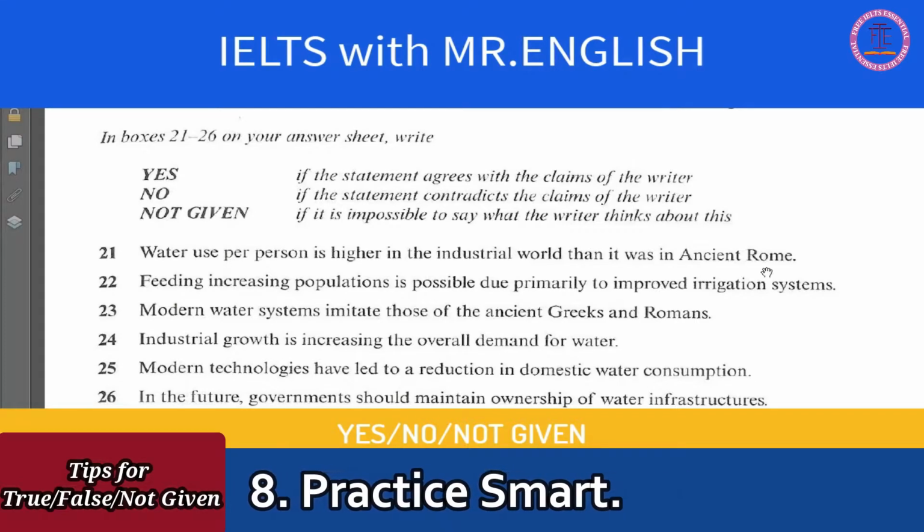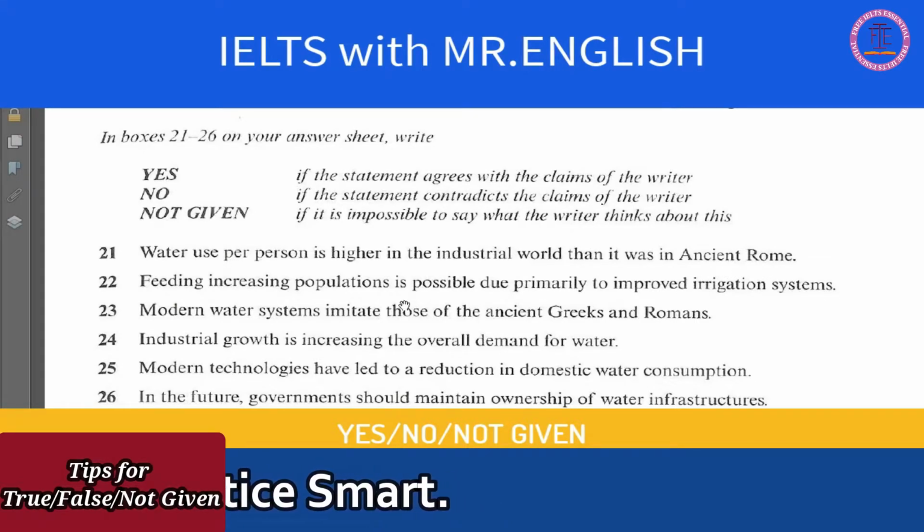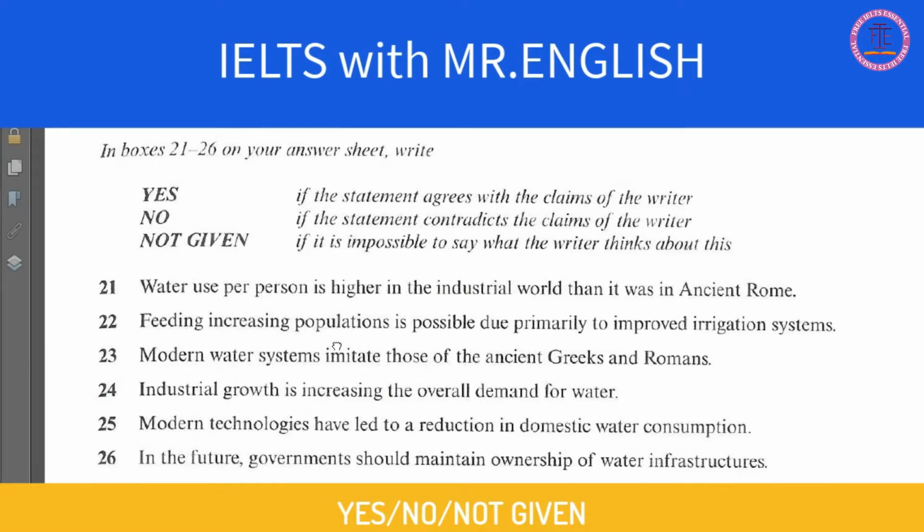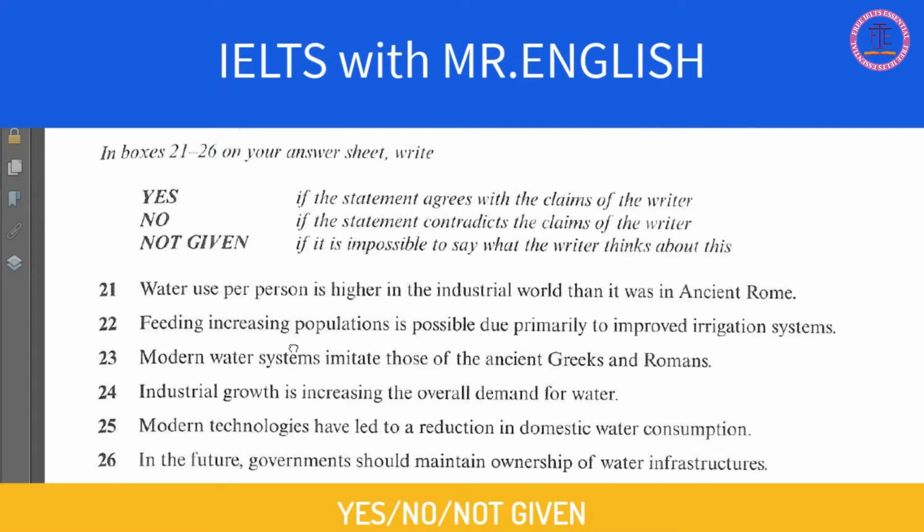So ancient Rome would be the keyword. For the next one, feeding increasing populations is possible due primarily to improved irrigation systems. So let's talk about this keyword, feeding increasing populations. If we can find such a word or words related to this, then it will be very fine.